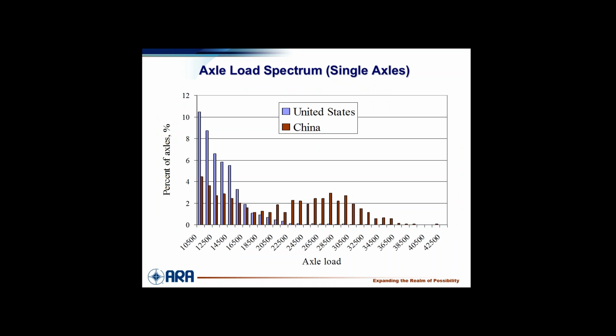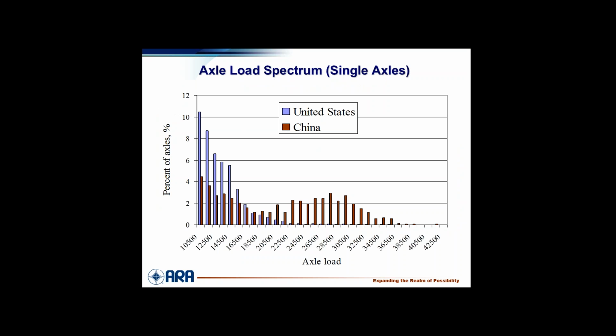And when you go to other countries, like China, we measured 160 trucks on a project, singles and tandem axles. And look at that shift from the United States. Here is single axles in the US, and here is China. China just doesn't enforce, I think they have legal limits, as do many, many other countries.